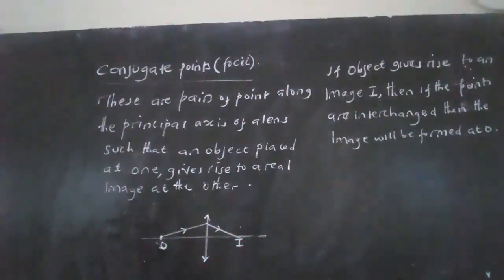Suppose a convex lens forms an image I of object O. If the object was placed at I, then the lens would form the image of the object at O. So we say that O and I are conjugate points.